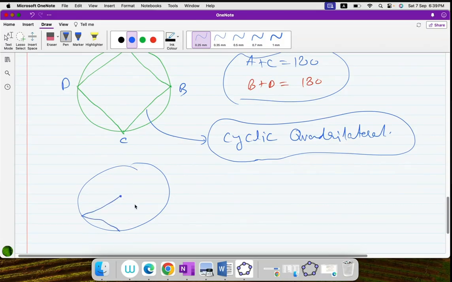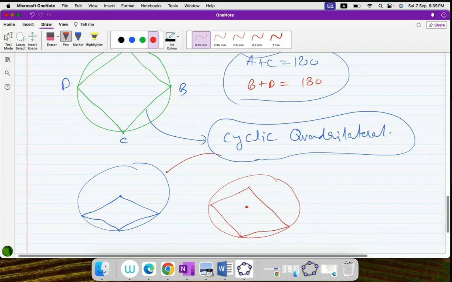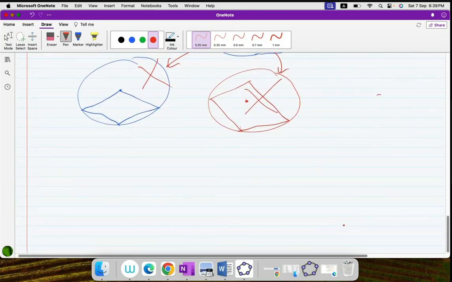Now see, this is not cyclic, and no such property will be applied on this. It needs to be cyclic. Even if I have this, this is the center, this is still not cyclic. Does the center of the circle have to be the center of the quadrilateral? It could be anywhere, not necessarily the center, but the corners should touch the circumference.